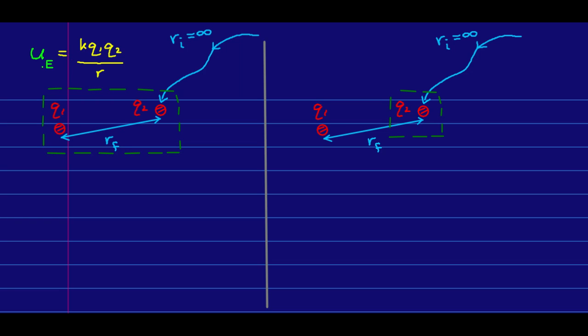Let's just examine some properties of this expression for the electric potential energy. Note something. If we are bringing particle Q2 in from an infinite distance, or effectively just from very, very far away, then the initial electric potential energy was some number over R, and R was very large, and so that is 0.